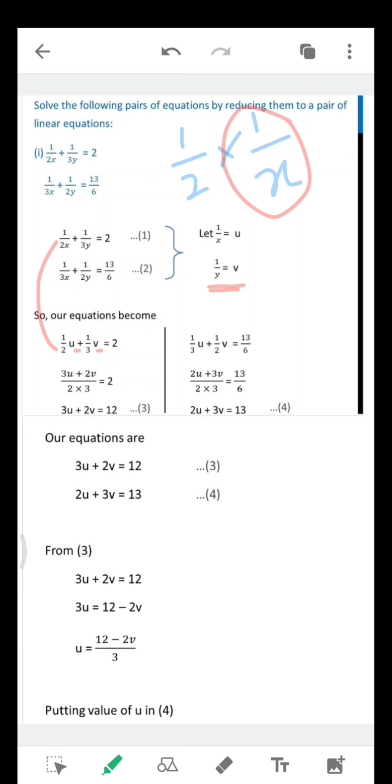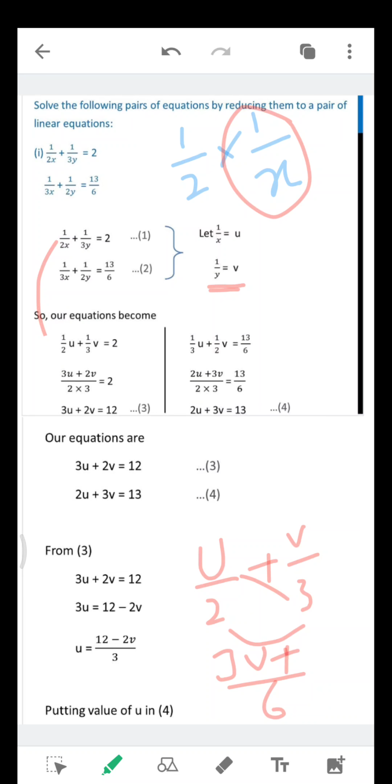Now we'll find the LCM. 1 by 2 u can also be written as u by 2, and v by 3. What is the LCM of the denominators? It is 6, and cross multiplying, 3u plus 2v by 6, and this 6 cross multiplies with 2, it becomes 12.